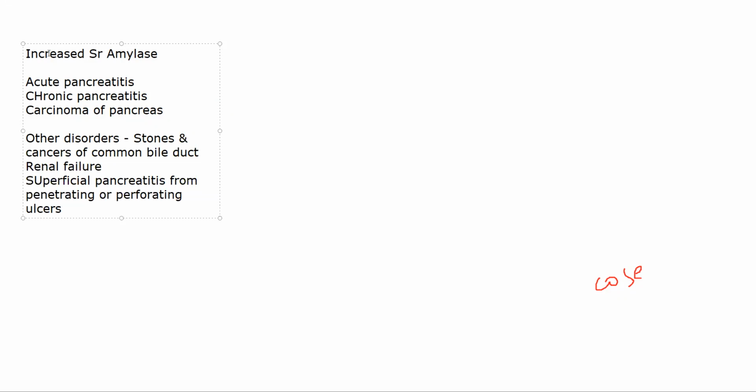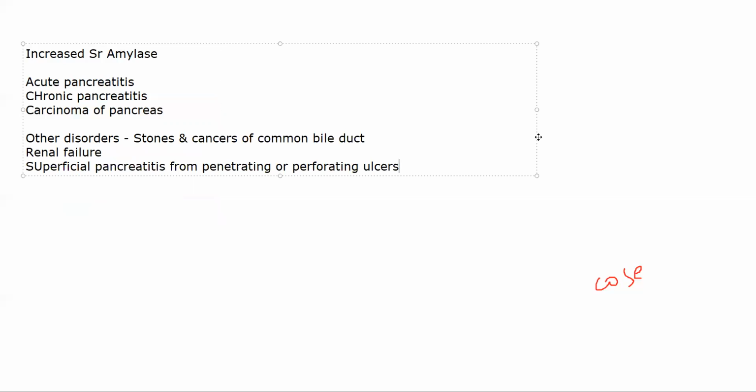So the patient has a gastric ulcer or an ulcer at any other location near the pancreas, and it is perforating into the pancreas, causing superficial pancreatitis. It is perforating through the wall of that particular organ. For example, a gastric ulcer in the stomach is penetrating or perforating out of the layers of your stomach, and it is affecting the pancreas. Generally, it will cause superficial pancreatitis that will be indicated by an increased serum amylase level. That is a complication of ulcer. Okay, because of ulcer complication, pancreatitis is occurring.